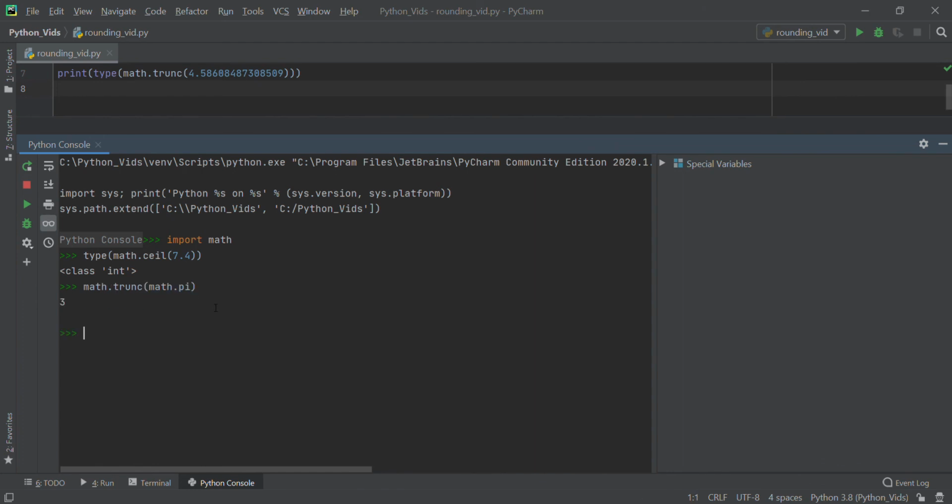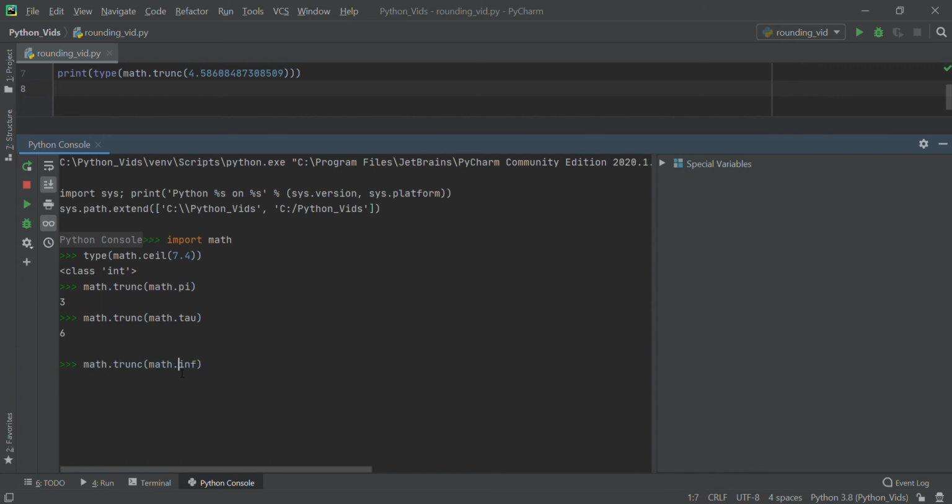What's it going to give you? It gives you 3. Or if you want to be fancy and use tau instead of pi, remember tau is 2 times pi. What's it going to give you? It's going to give you 6. Okay, makes sense. Can you truncate infinity? Okay, what do you think? Let's see.